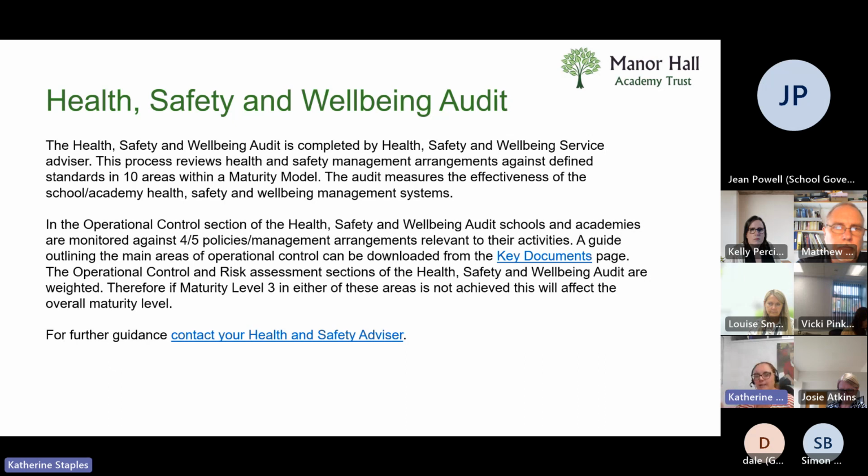So that's what I mean by maturity level. 3s are where we want our schools to be. 3s mean that we are compliant legally, and we're in a good place, and it's maintaining that 3. When we're hitting the 4s and the 5s, they're for the schools that are not just compliant, but also doing the above and beyond. So as a trust, we want our schools to be at a 3.